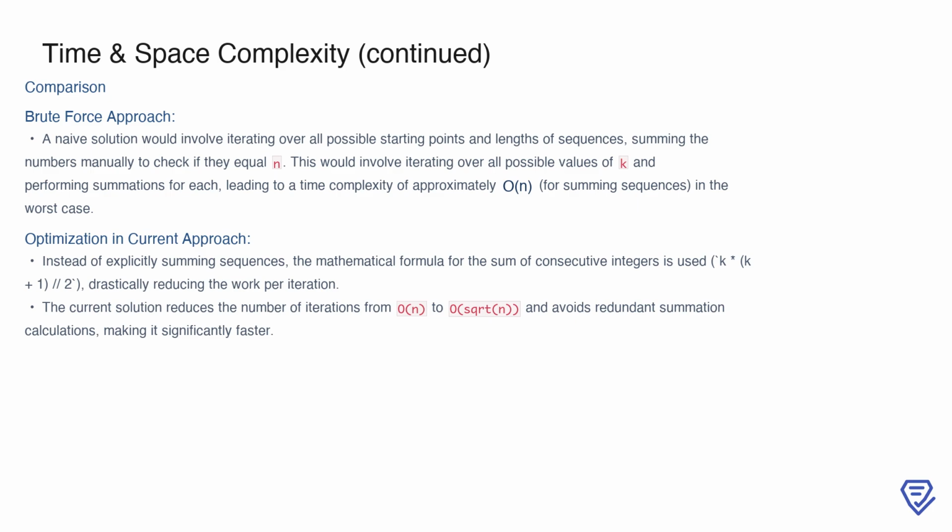In contrast, the optimized approach leverages the mathematical formula for the sum of consecutive integers, k * (k + 1) / 2, to eliminate the need for redundant summations. By reducing the number of iterations from O(n) to O(sqrt(n)), and performing only constant work per iteration, the current solution is significantly faster and more efficient.